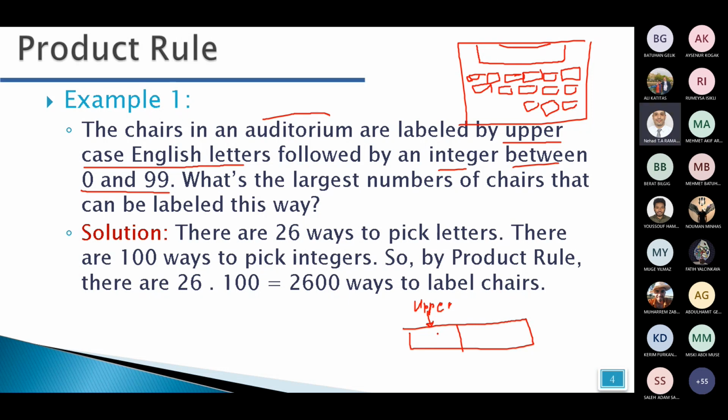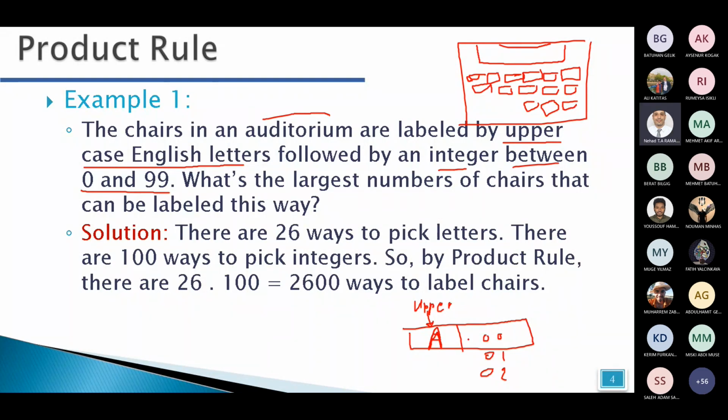So first we have a letter, for example A, uppercase only. Then we have a number between 0 and 99. So we have a number like 00 or 01, 02 until 99.